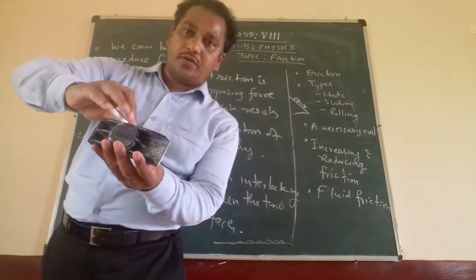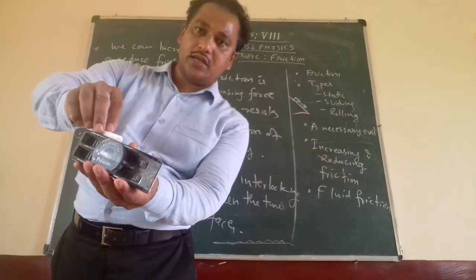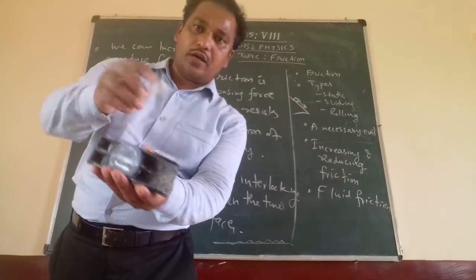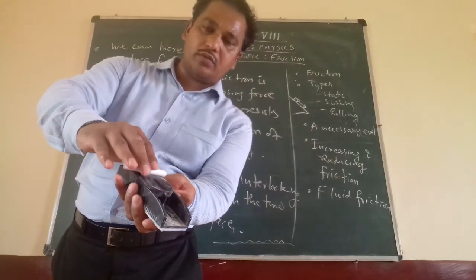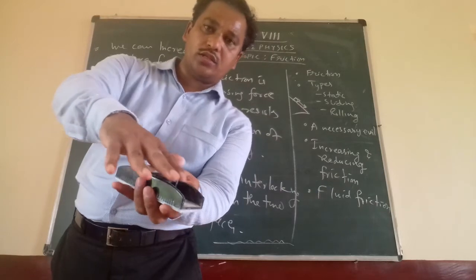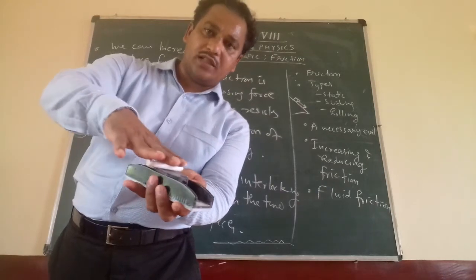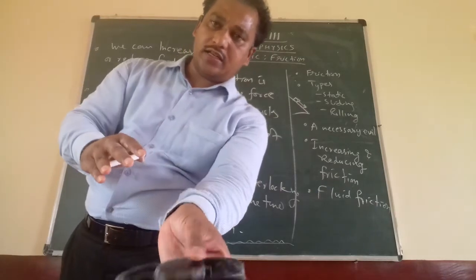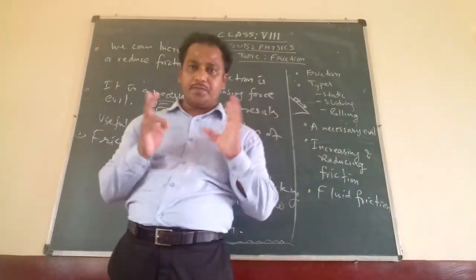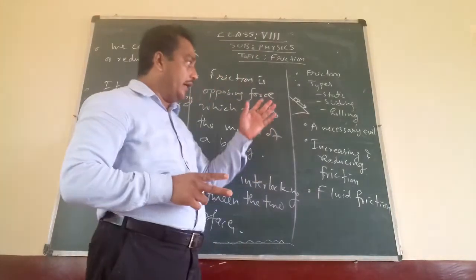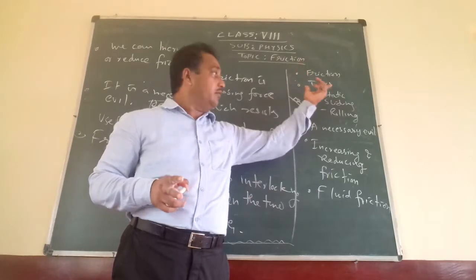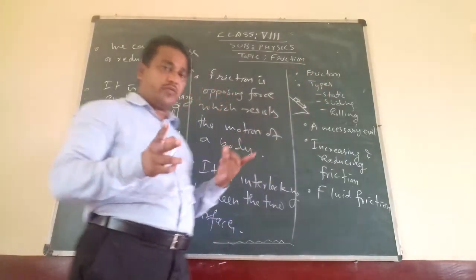And rolling friction, like this chalk piece rolling over this, has the least grip, least interlocking. So friction is least in rolling friction, then sliding, and maximum in static friction. You are aware of it?